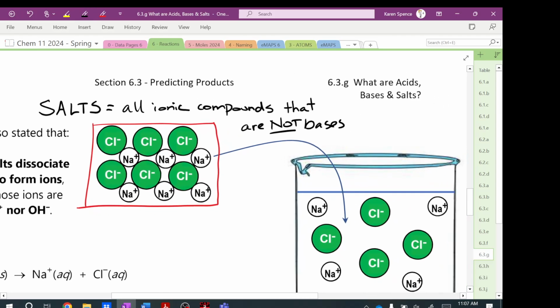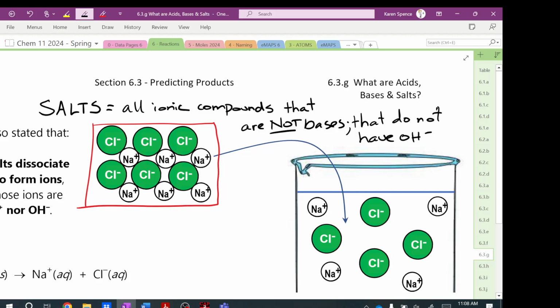So all ionic compounds that are not bases, that do not have OH minus. So if you have OH minus, it's a base. If you have an ionic compound, but one of the ions is not OH, it's just a salt. So what's a salt? It's just an ionic compound, okay?